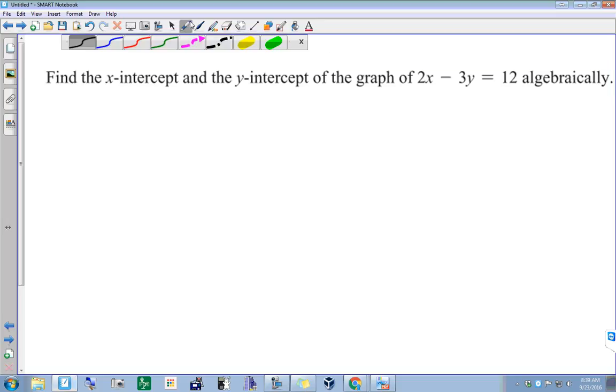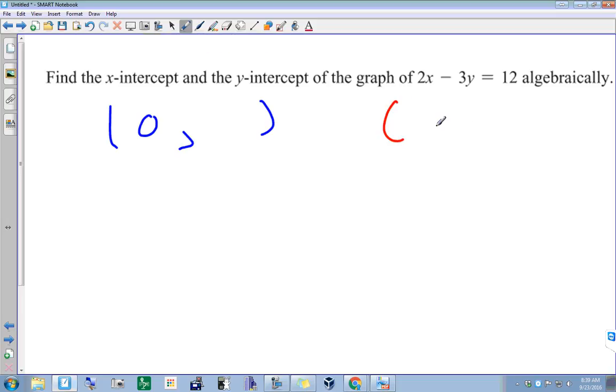Why? Well, easy enough. We know that we're going to have 0 comma something, right? And then we are going to end up having something comma 0, just the way it is.